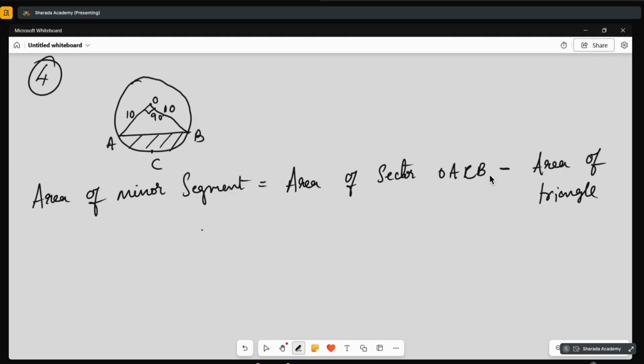So what is the area of sector OACB? Okay. That is theta by 360 into pi r square, minus area of the triangle, which is half into base into height. Okay.